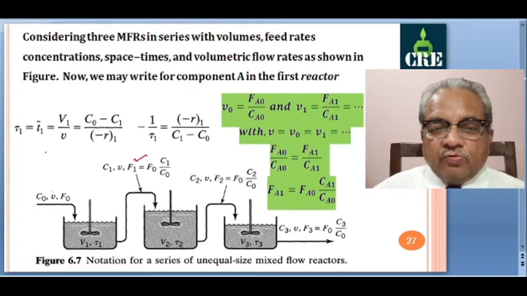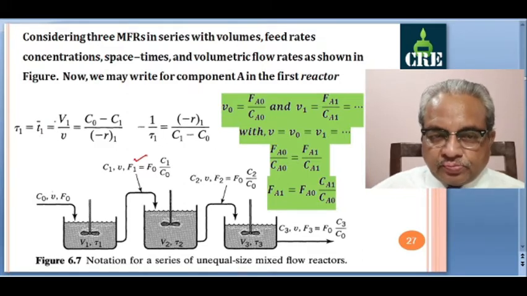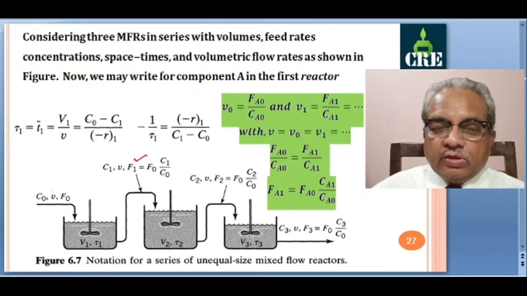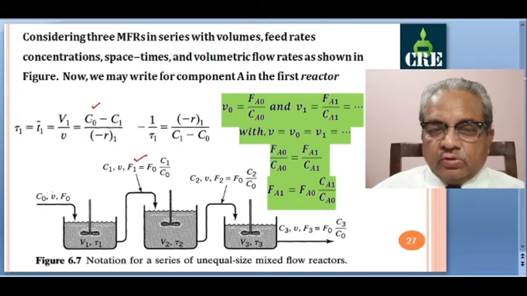Now tau 1, if you want to write down, is the same as mean residence time for epsilon A equal to 0. So tau 1 is V1 by V. This is C0 minus C1 by minus R1, or you can write CA0 minus CA1 divided by minus RA1.